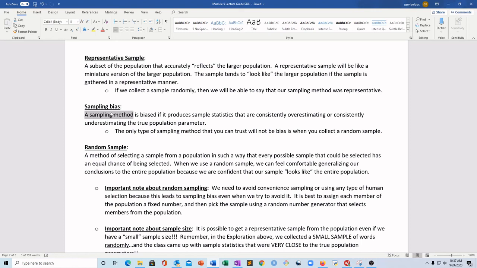So if you design a method, like just go talk to the next 10 people that I talk to, and once you've gathered your data and got your statistic, that leads you to having a statistic that is bigger than the parameter or smaller than the parameter, and every time you do your method again, like, okay, I'm going to go talk to another 10 people.